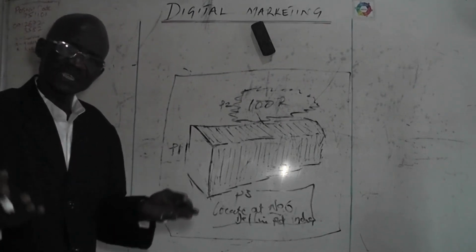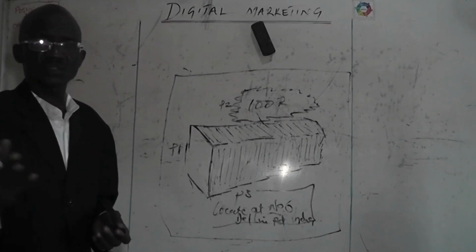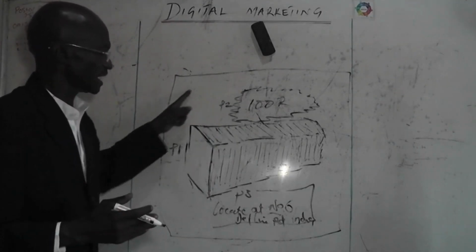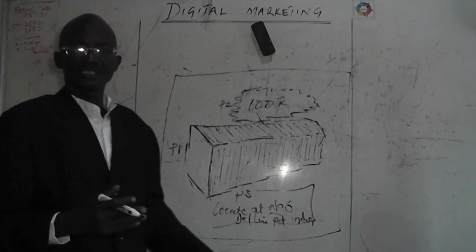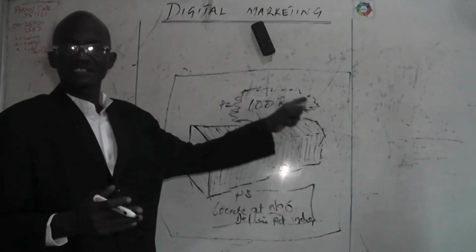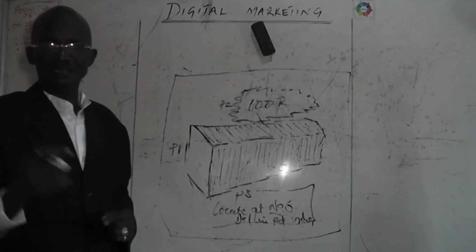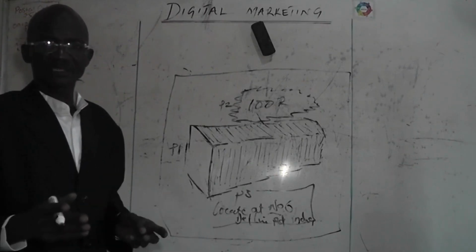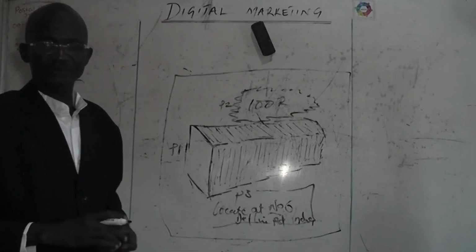Or it is even easy now that social media is around. You can design a banner with all the pieces, then you put it on social media. The social media platform can do the rest of the job for you.